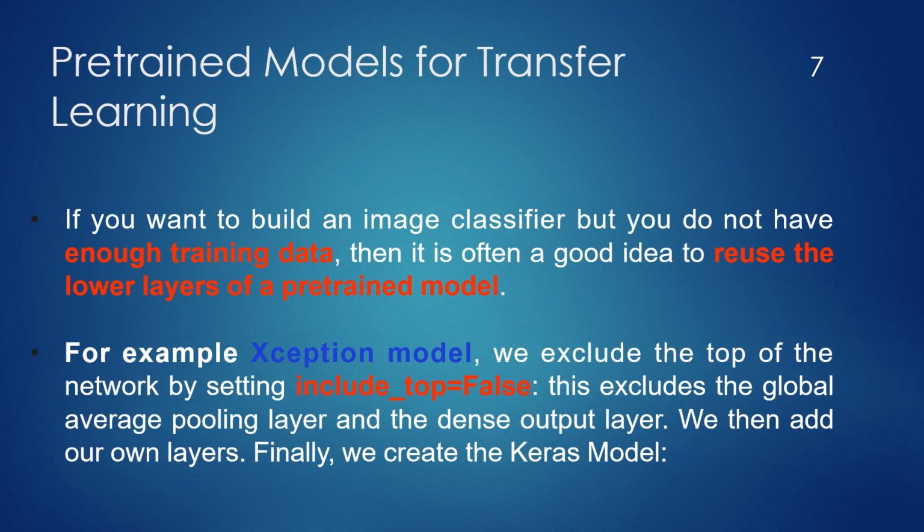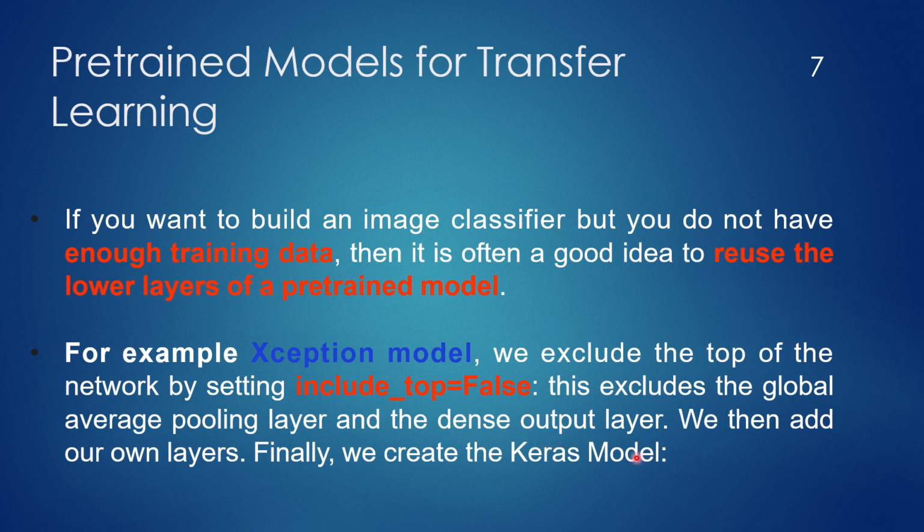Now here we can learn about pretrained models for transfer learning. When building an image classifier and you lack enough training data, it's a good strategy to reuse the lower layers of a pretrained model, for example the Xception model. Set include_top equal to False to exclude the top layers, global average pooling and the output layer.